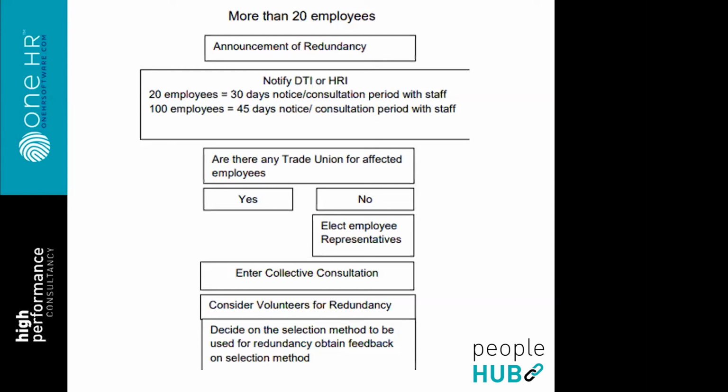You then need to elect employee representatives. So this will be maybe a person from each department, perhaps, that their peers vote for, who they will nominate to consult with you as management on their behalf. So rather than you having 20 meetings or a collective meeting over the finer detail with 20 employees all the time, you would just meet with their representatives, have the meeting, have the discussions.